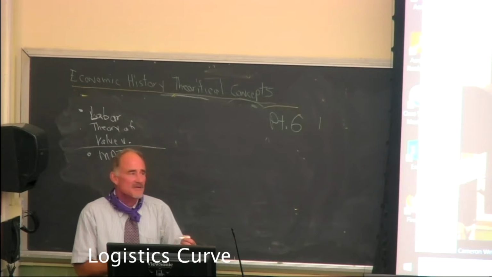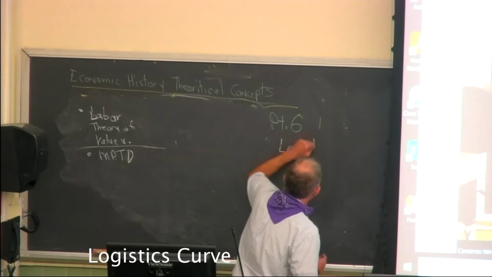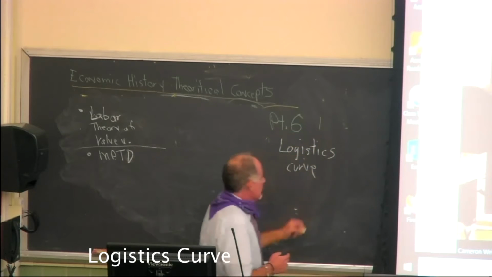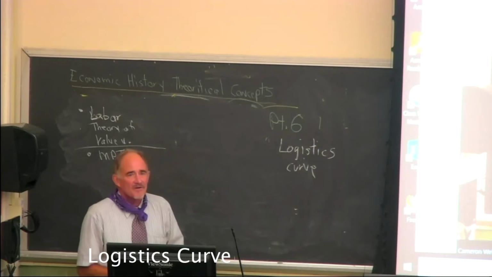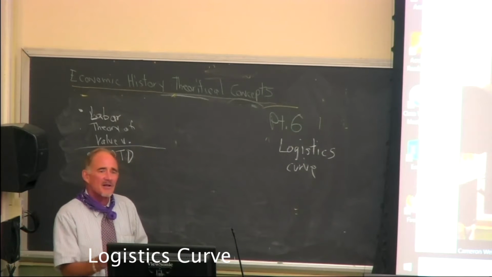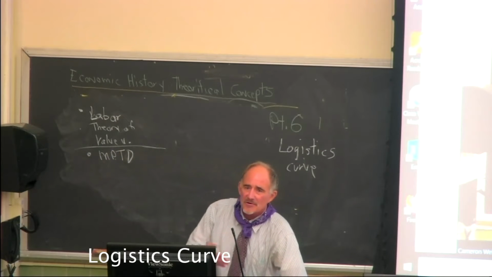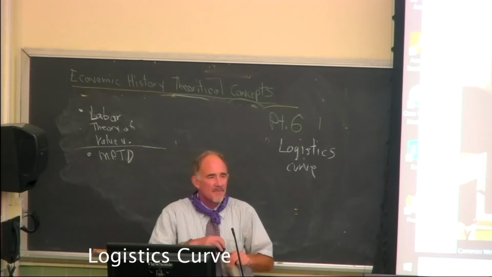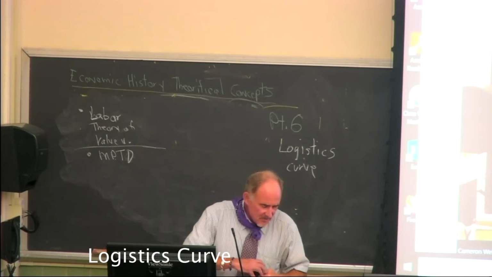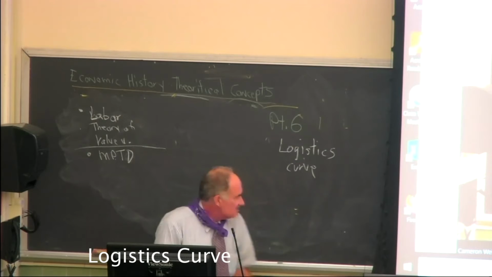Our authors call it the logistics curve, where you need a significant event or a change in technology in order to get flourishing again. So that's the way marginal productivity theory of distribution works.